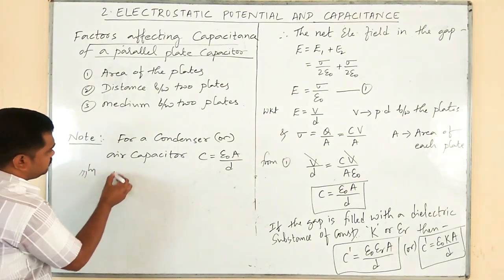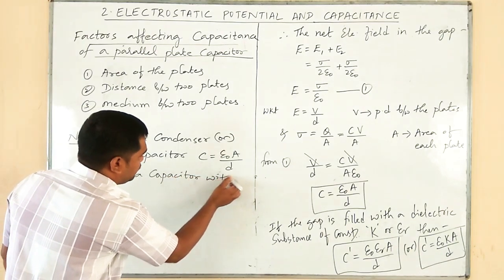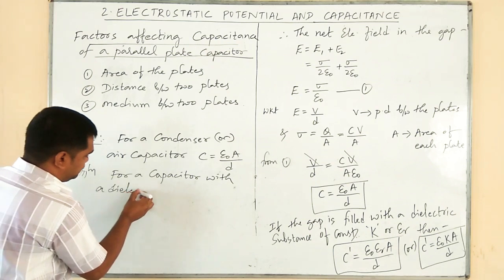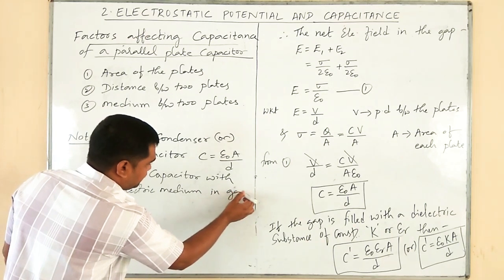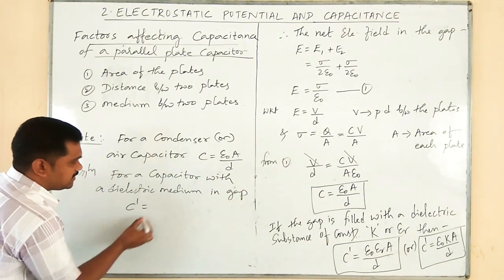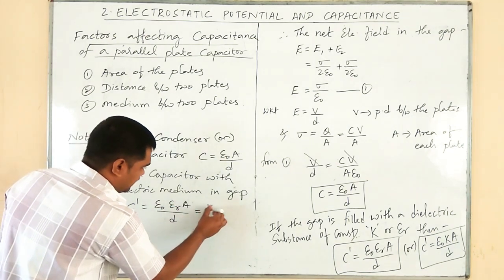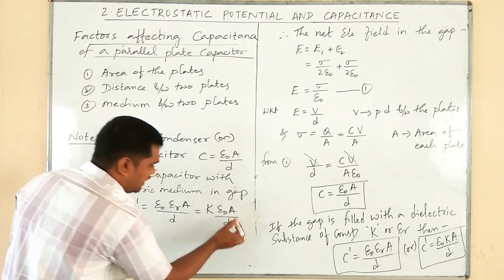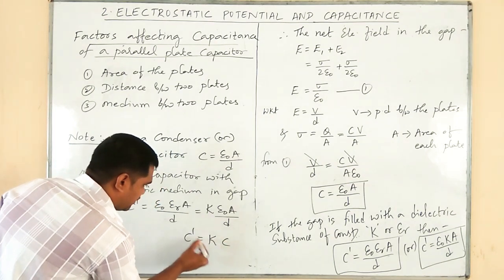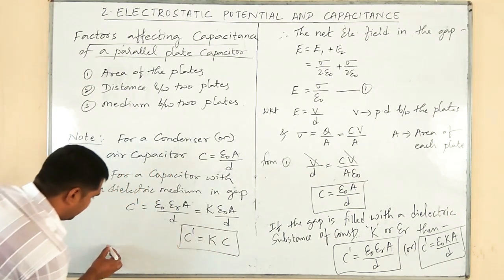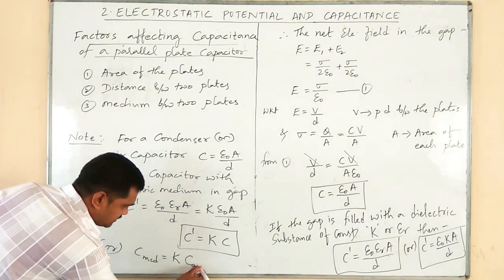Similarly, for a capacitor with a dielectric medium in the gap, we can write C prime equals epsilon naught epsilon R A upon d, which is equal to K times epsilon naught A by d. Therefore, we can write C prime equals K times C, or C medium equals K times C air.